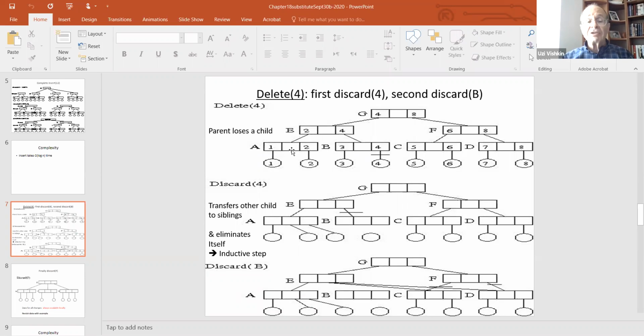But since A also has only 2 children, my only recourse really, if I want to resolve it locally, is to move the 3 to A, make the 2 the middle child of A, 3 the right child, and now I am going to discard B.